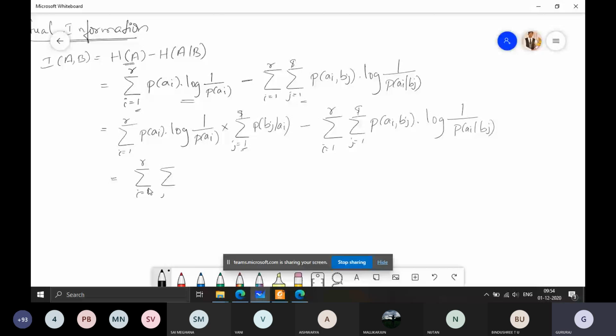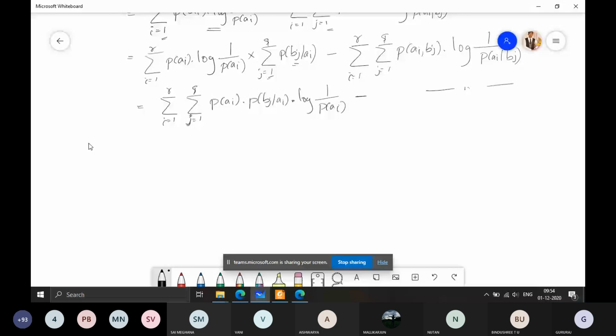So it is p(ai) into p(bj/ai) into log 1/p(ai), minus this term as it is. No change in this term. Second term as it is. You have to write down this term, don't write it like this, write down the entire term.